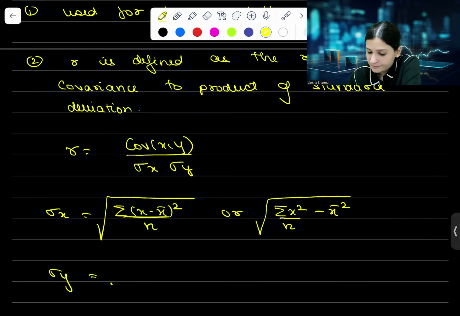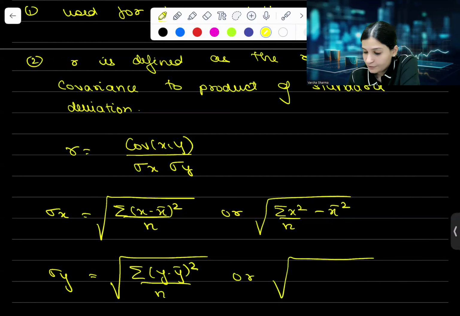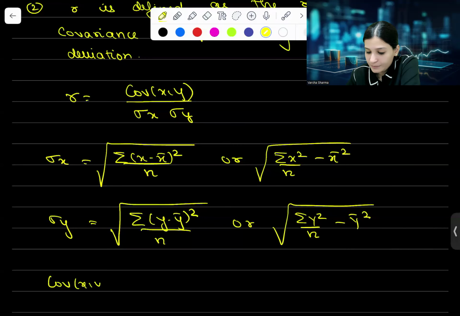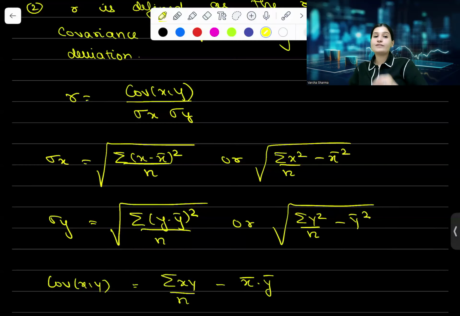Standard deviation of Y, root of summation Y minus Y bar whole square by N, or root of summation Y square by N minus Y bar square. Covariance is basically variance but between X and Y. Formula is summation xy by n minus x bar into y bar. So we first calculate each of these values and then divide them to find the value of r.